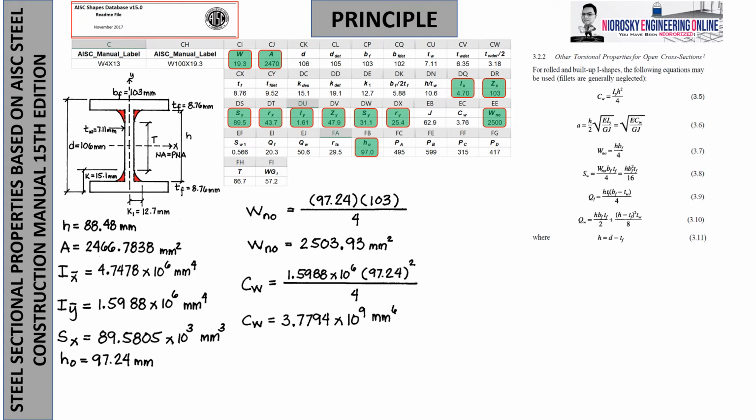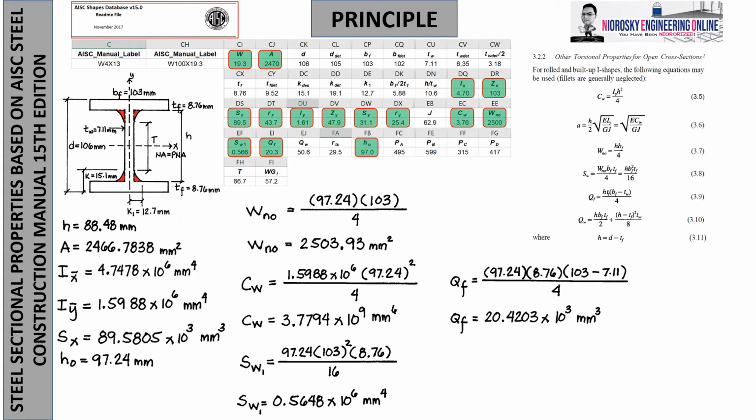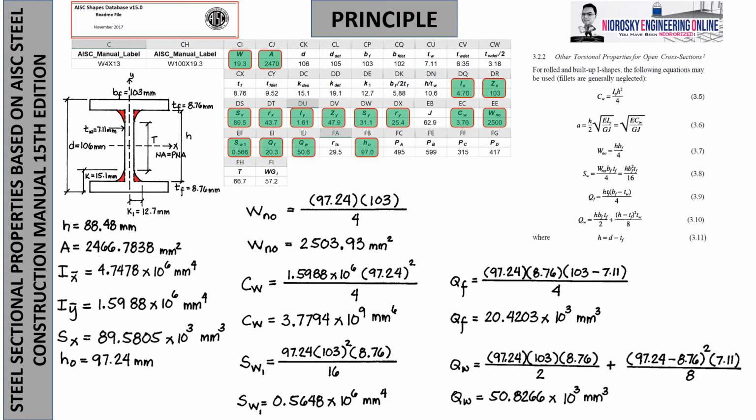And the warping constant, we can get 3.7794 times 10 to the 9 millimeters to the 6, almost near the 3.76 in the table, and S sub W1 of 0.5648 times 10 to the 6, which in the table is 0.566.